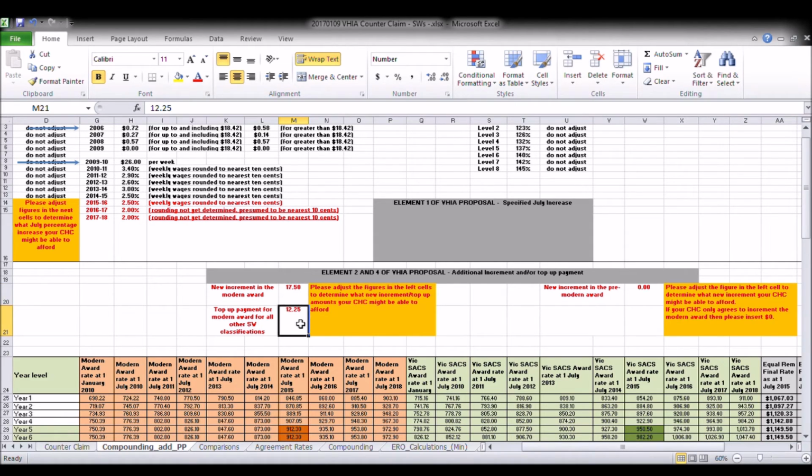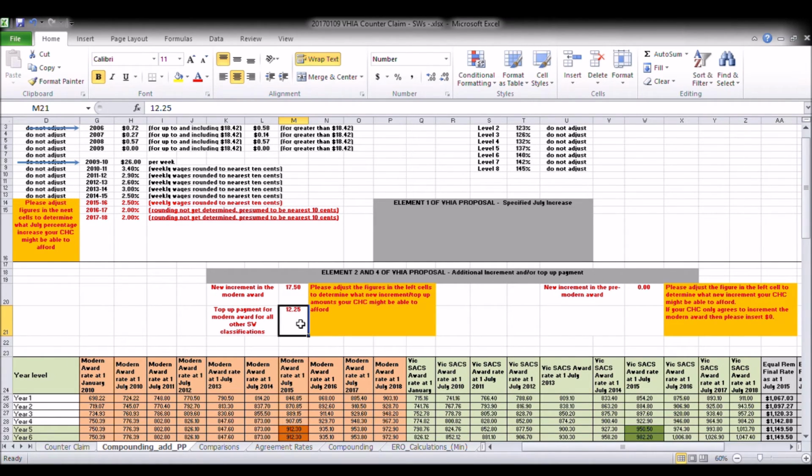The idea of the top-up payments is so that it results in employees being paid above minimum wage rates. If your community health centre supports some kind of payment above minimum wages, but the amount of the top-up payments is too expensive, your community health centre can populate what figure that it may want to pay above minimum wages.